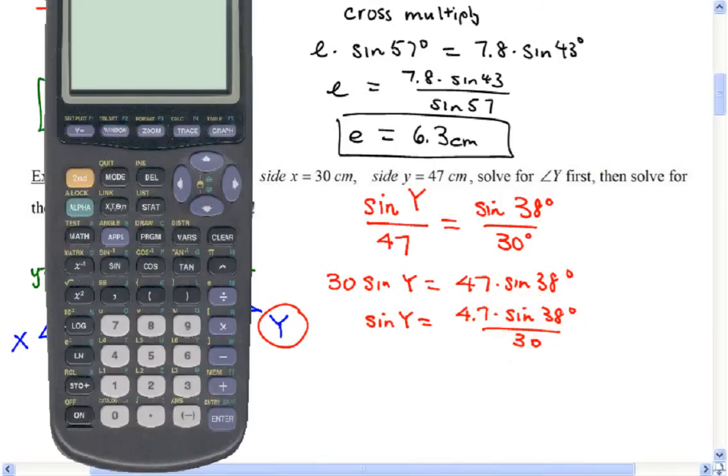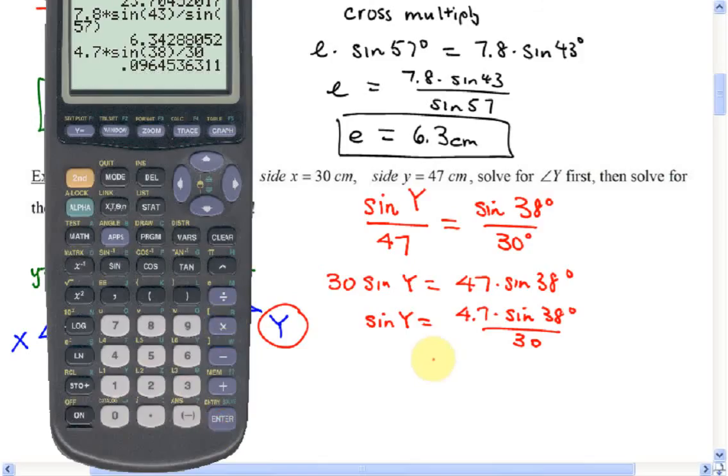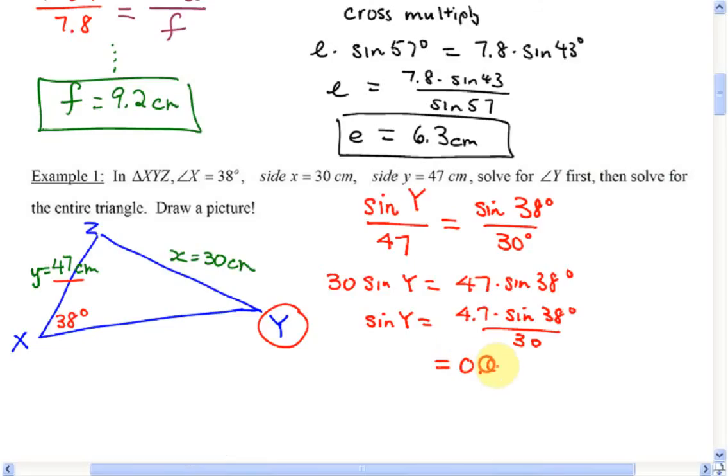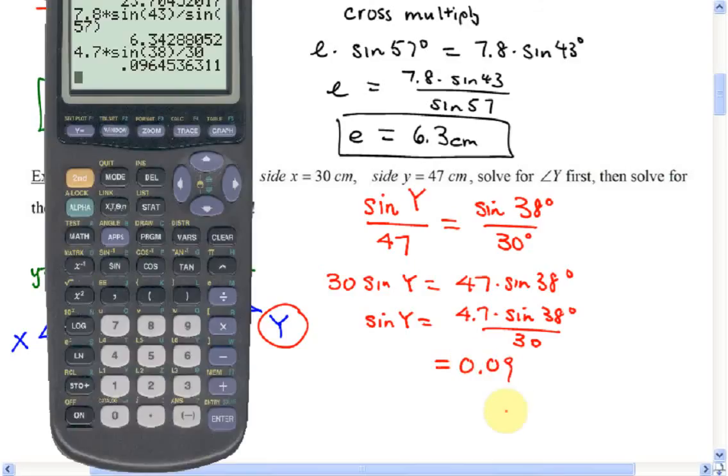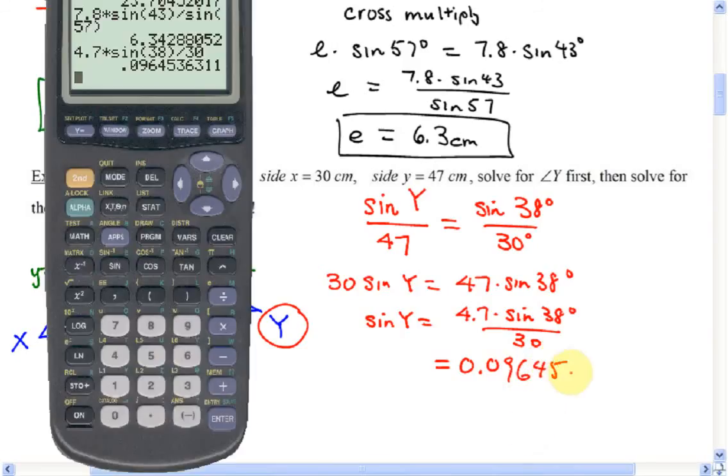I will do this part first. I'll do 4.7 times sine 38 divided by 30. I get a decimal, 0.09645.